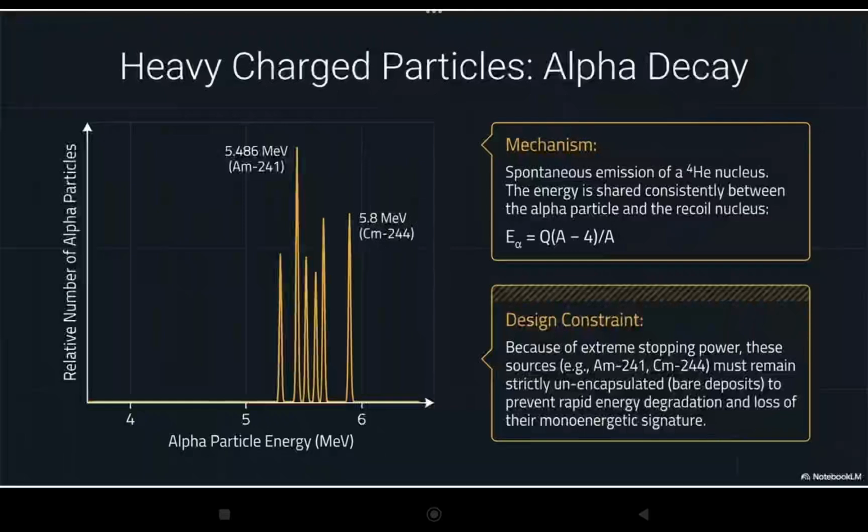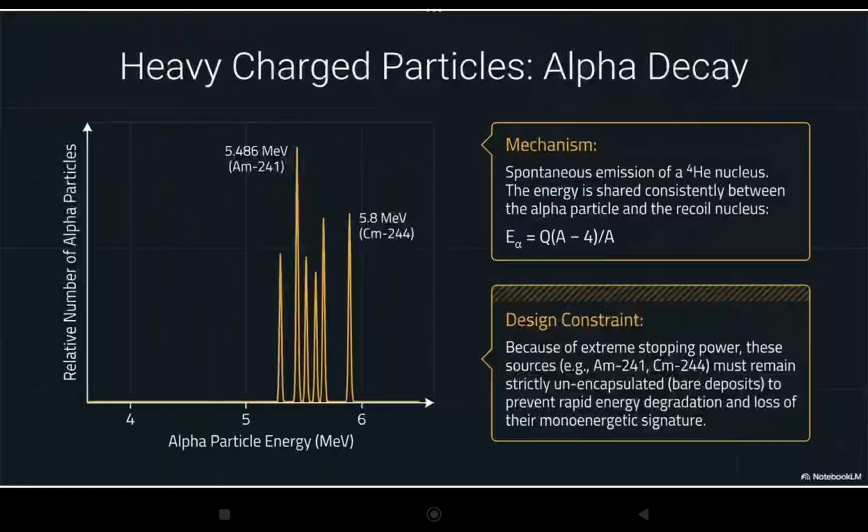The emitted alpha particles from common sources such as Am-241, americium-241, or Cm-244, curium-244, have well-defined energies, typically around 5 to 6 MeV.